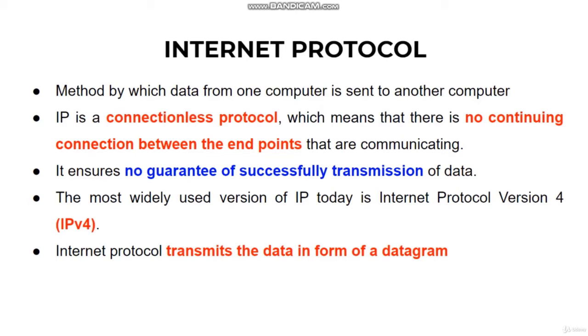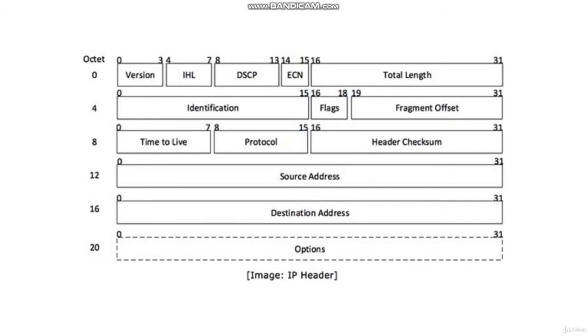The Internet Protocol is responsible for addressing host interfaces, encapsulating data into datagrams, and routing datagrams from a source host to a destination. For these purposes, the Internet Protocol defines the format of packets and provides an addressing system. You can see this is the image of an IP header.